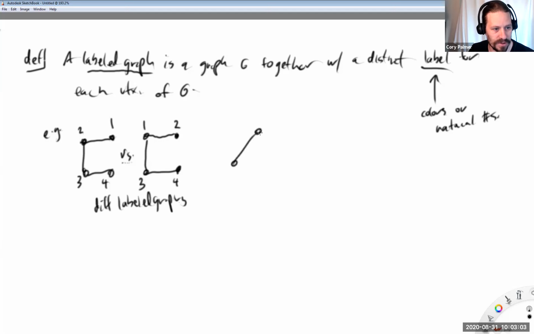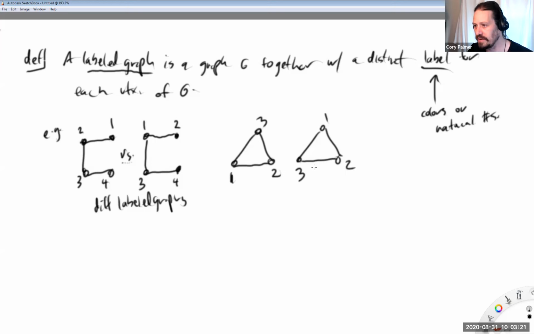But just choosing labels doesn't automatically distinguish the graph. If you take a triangle, no matter how you label it, this is going to be the same graph every single time, because each vertex, 1, 2, 3, is adjacent to all the other labels. So if I label it like this, 3, 1, 2, you'll notice there are the same adjacencies for each vertex.